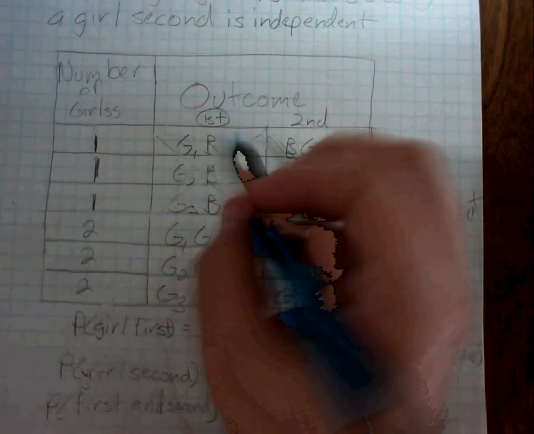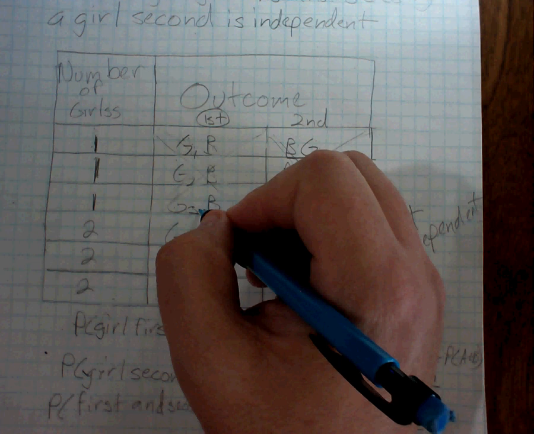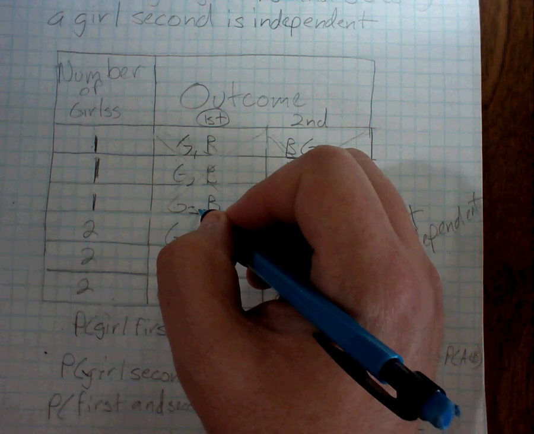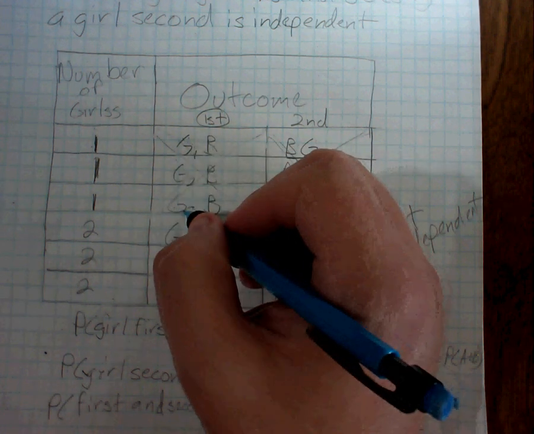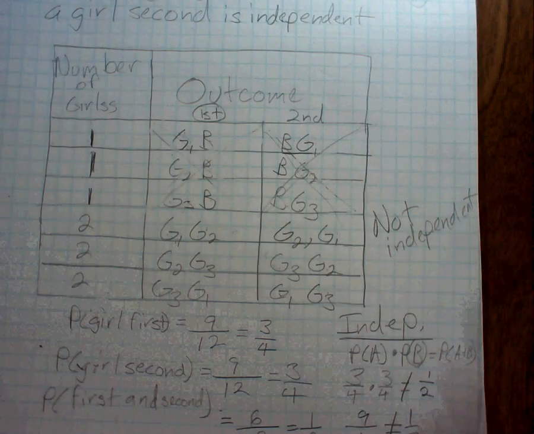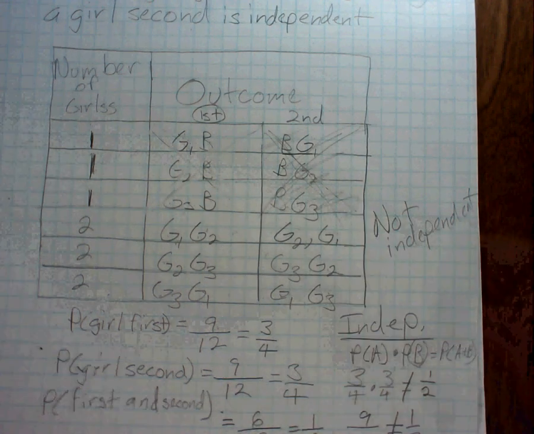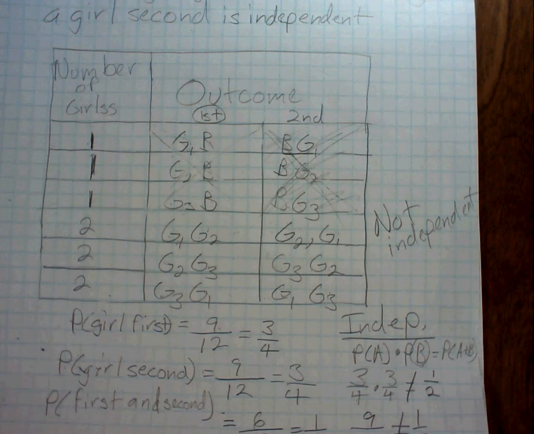I think this will be the correct sample space because the first one's the girl, and we're determining the probability that the second one will be a girl. Well, in this scenario, you have to have a girl first because that's the given. So yeah, we're getting rid of this in our sample space. That's why it's 9. Okay, I figured that out. I probably confused some of you. That's okay. Practice makes perfect.